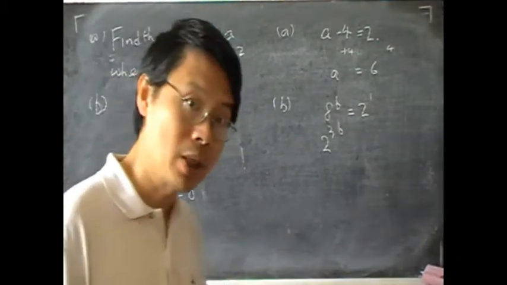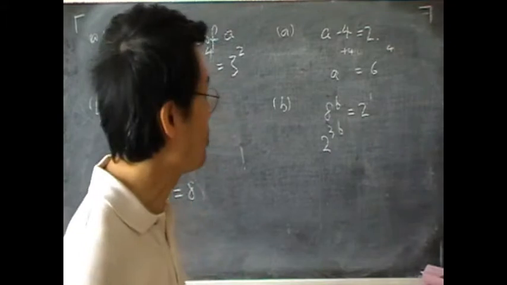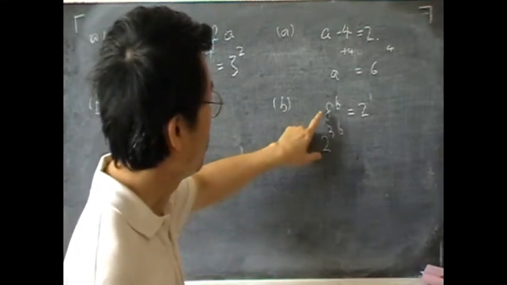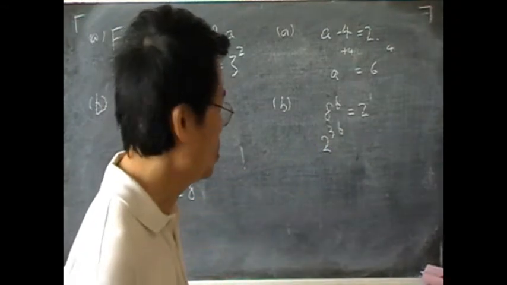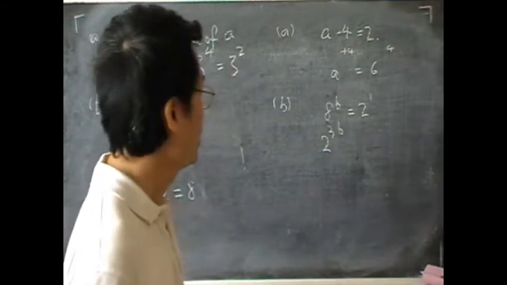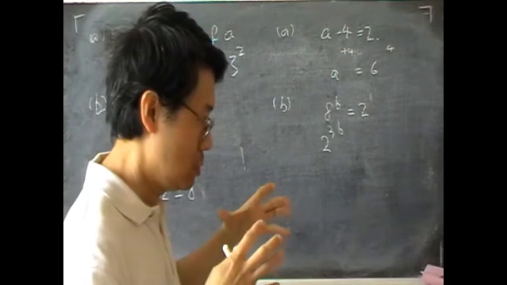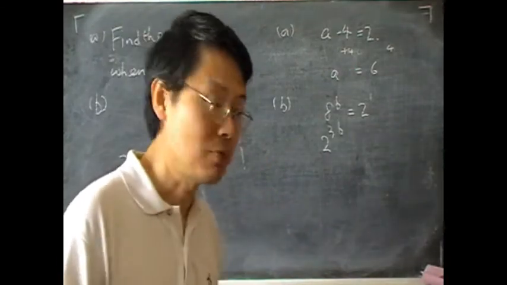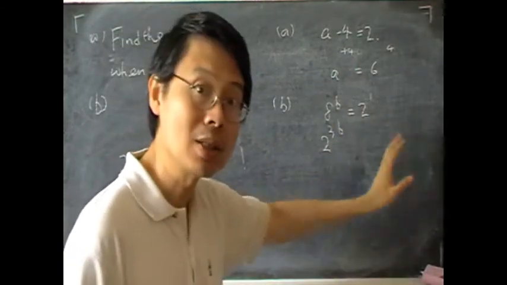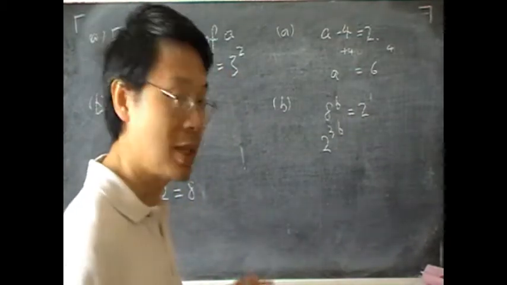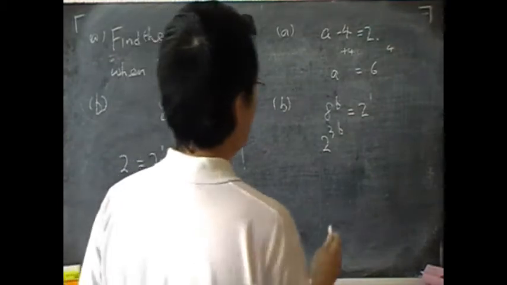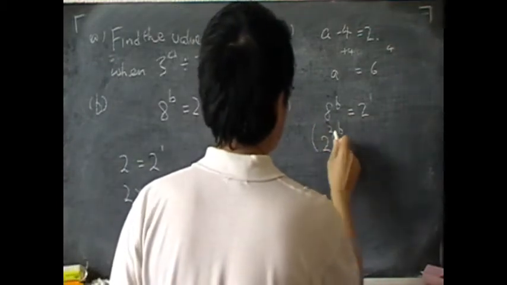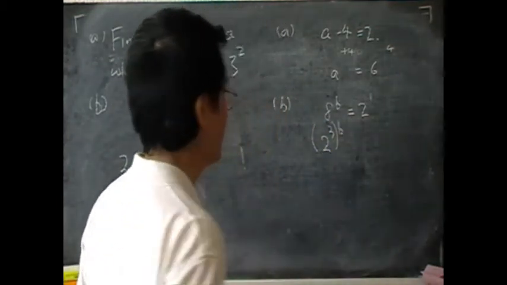And the safest way is to do it step by step, which is that when I change 8 into this form, into 2 to the power of 3, I've just changed the 8. I've not touched anything else. And the safest way to write down the results is to put a bracket around that.